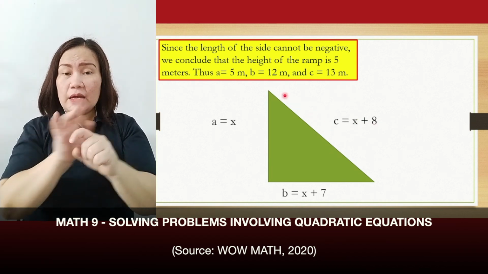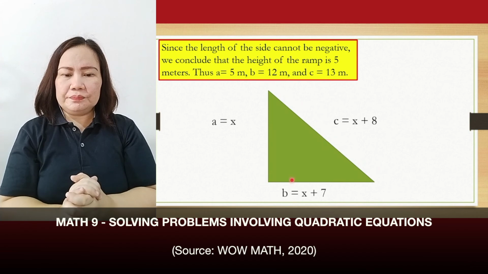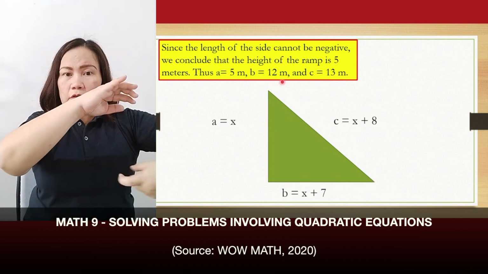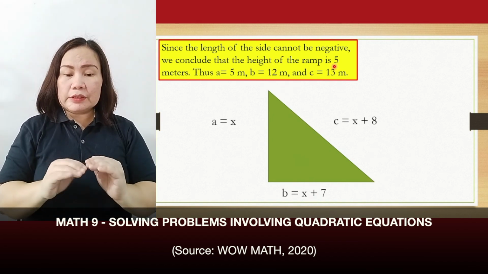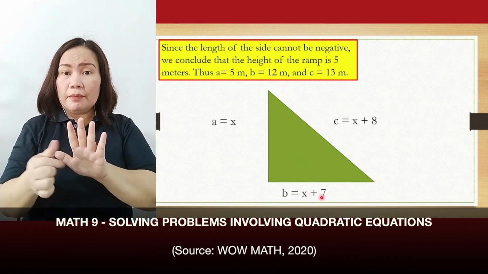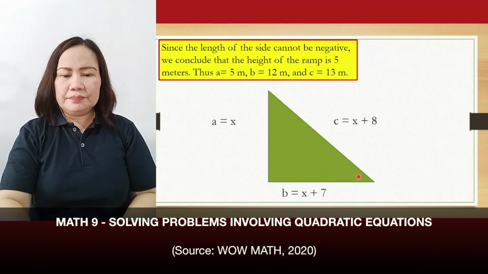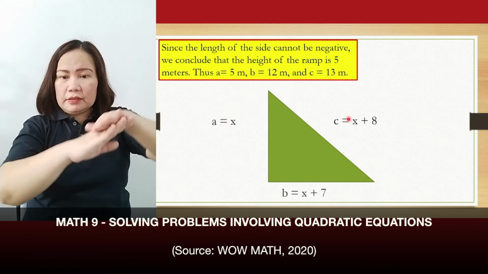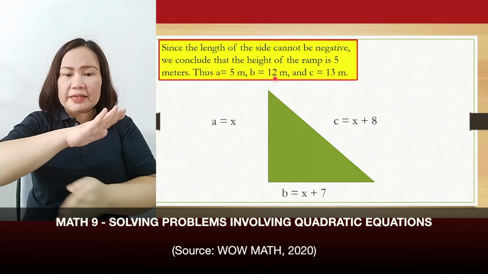So, that is our C. So, that is the inclined ramp. Okay? And then, the run is 12. Since 5 is the value of our x, 5 plus 7 is 12. So, this is our base. Alright? So, the rise of the ramp is 5, the inclined ramp is 13, and the base is 12 meters.